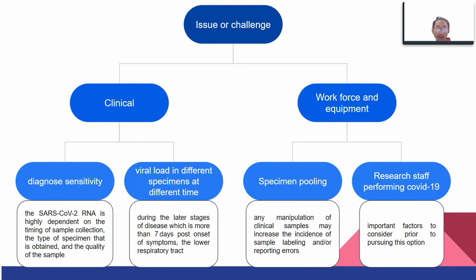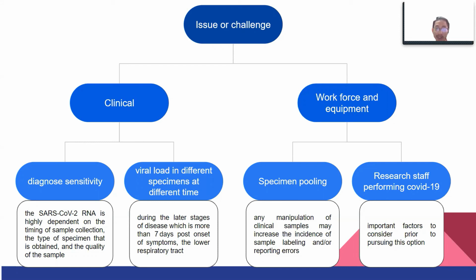With different timing, the viral load can be obtained at a different specimen location. Before 7 days, it can be obtained at the upper respiratory tract, and after 7 days post onset of symptoms, at the lower respiratory tract. Also the type of specimen and the quality matter, which means that a good quality sample, with a lot of viral material, can contribute to a more accurate diagnostic test for COVID-19.